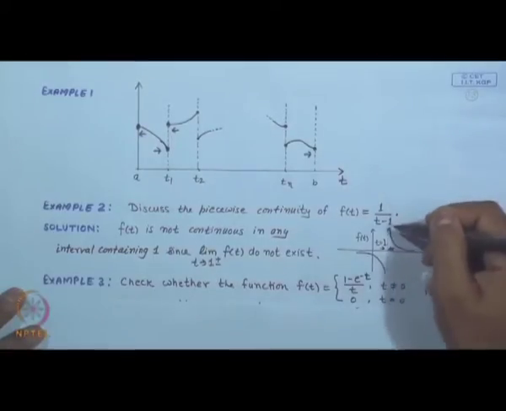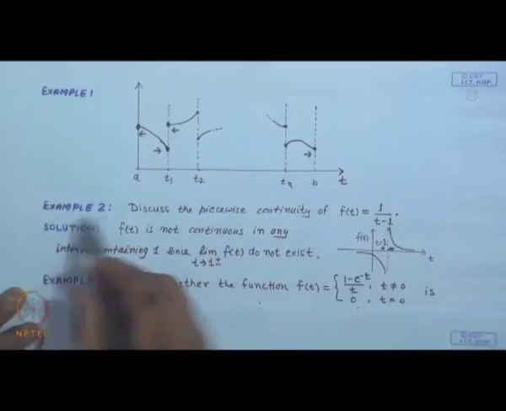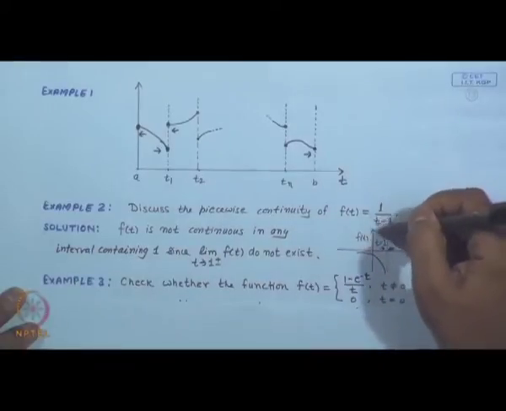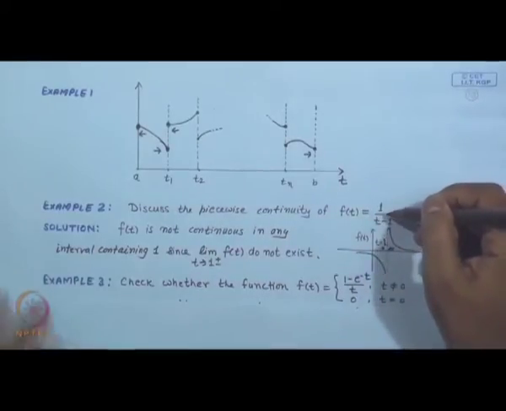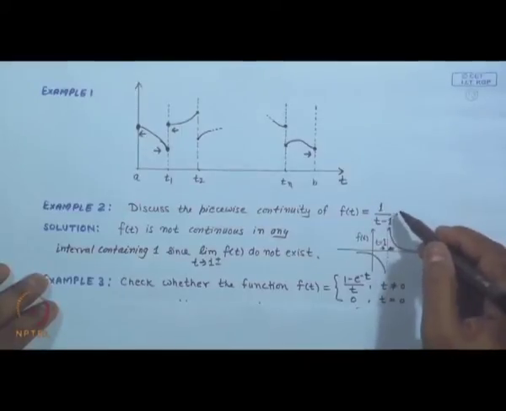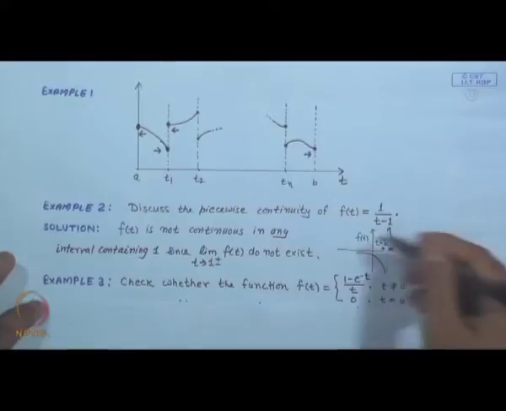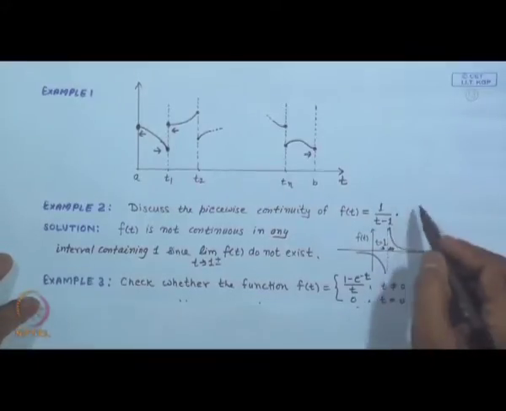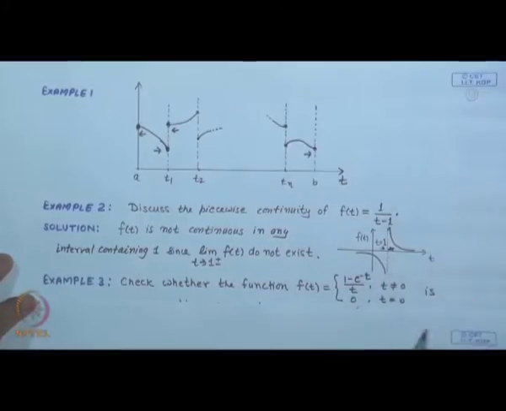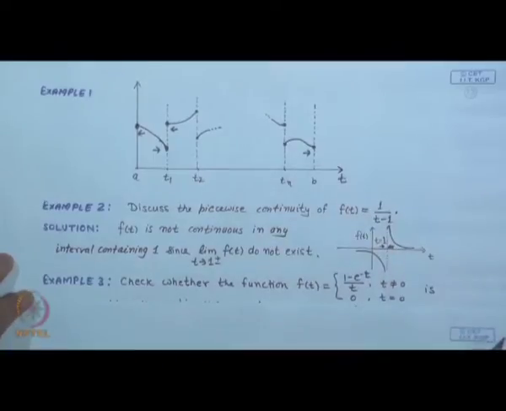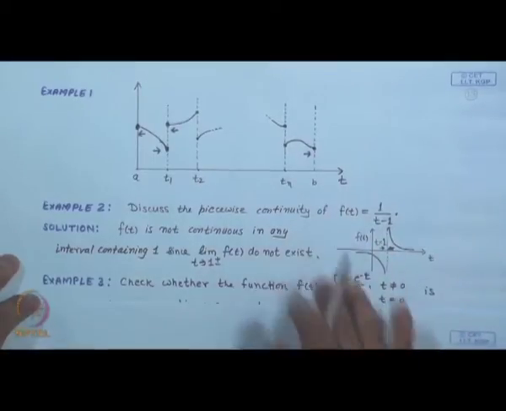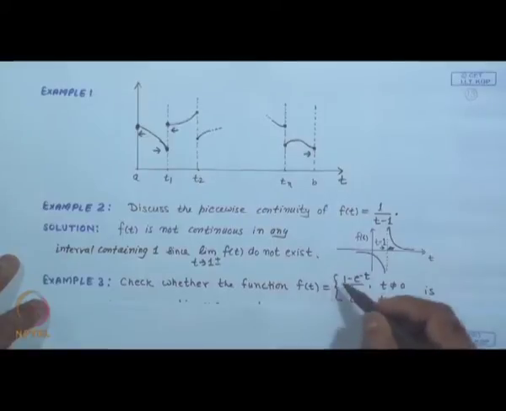Just to note, going back to example 2, the function written in this form is not defined at t equal to 0, so we need to define it there. We can set this function at t equal to 0 again to be 0, like here, and then discuss this piecewise continuity. So let's come back to this example.